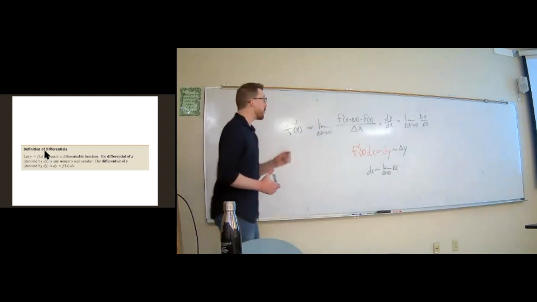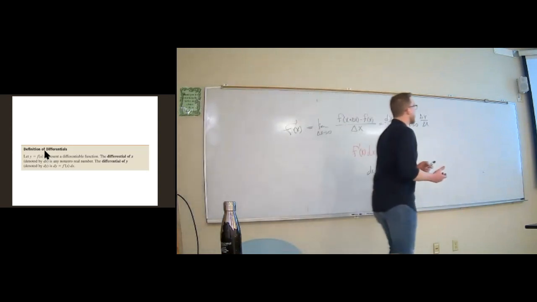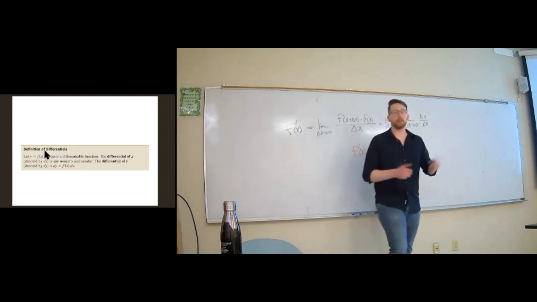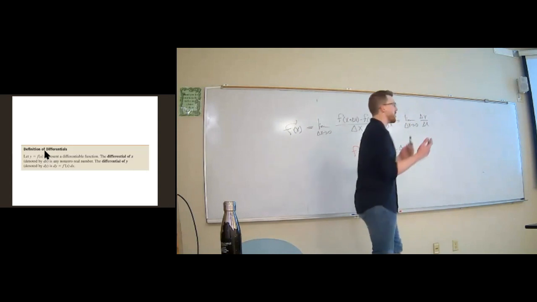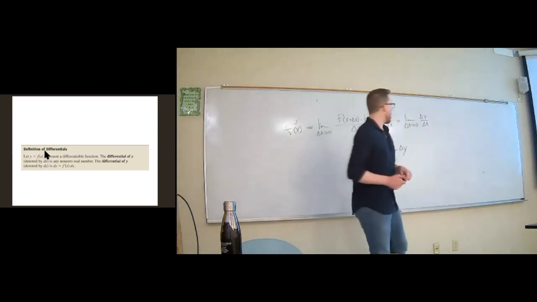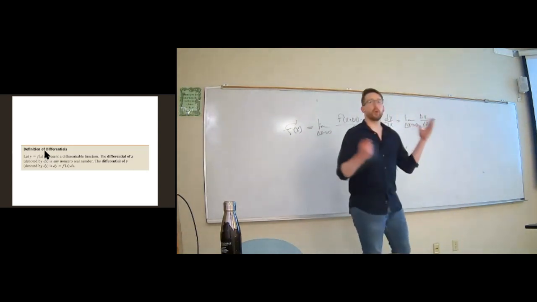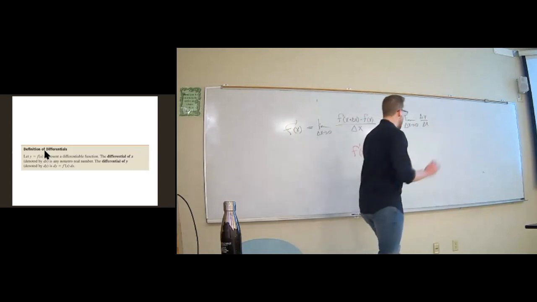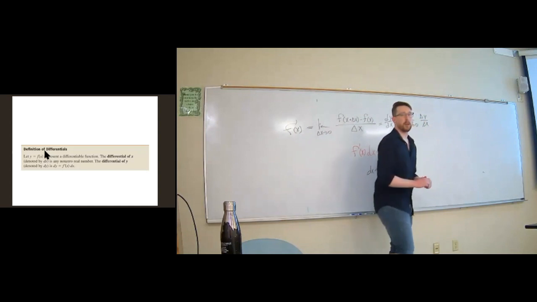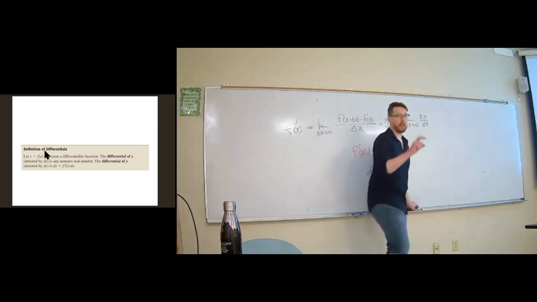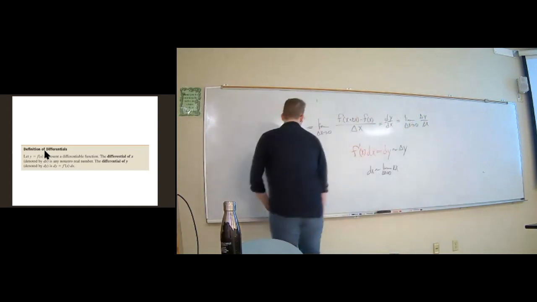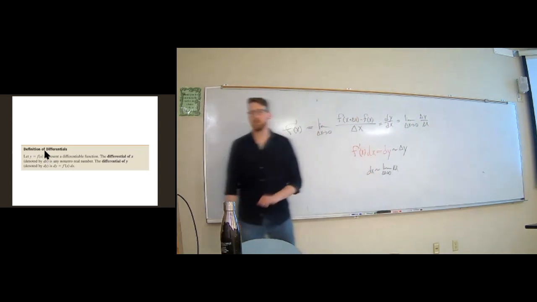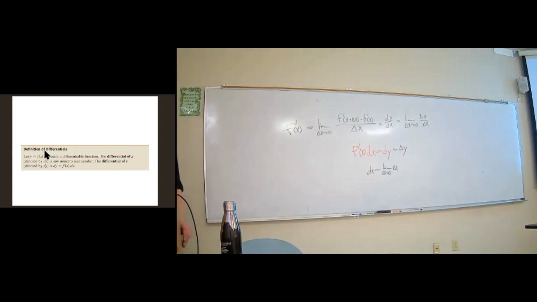What delta x and delta y represent are non-infinitesimal changes, so changes that you can actually measure. So maybe delta x is 0.1. Maybe delta y is 2, whatever. dx, dy are not the same thing as delta x, delta y. But again, we have these analogous type definitions, or descriptions rather.